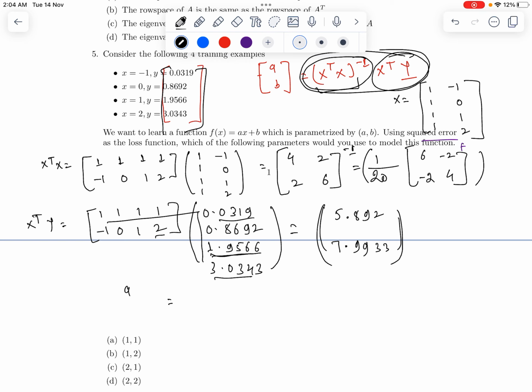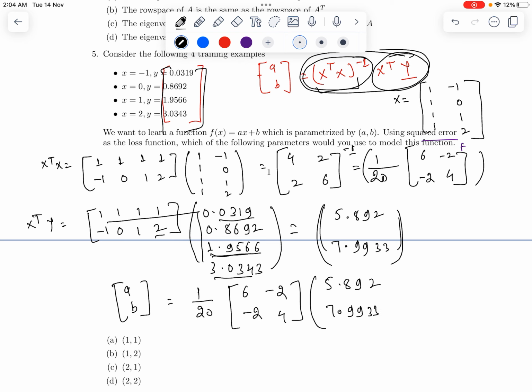Okay, so (a, b) is equal to 1 divided by 20, times the matrix 6, minus 2, minus 2, 4, times 5.892 and 7.9933.